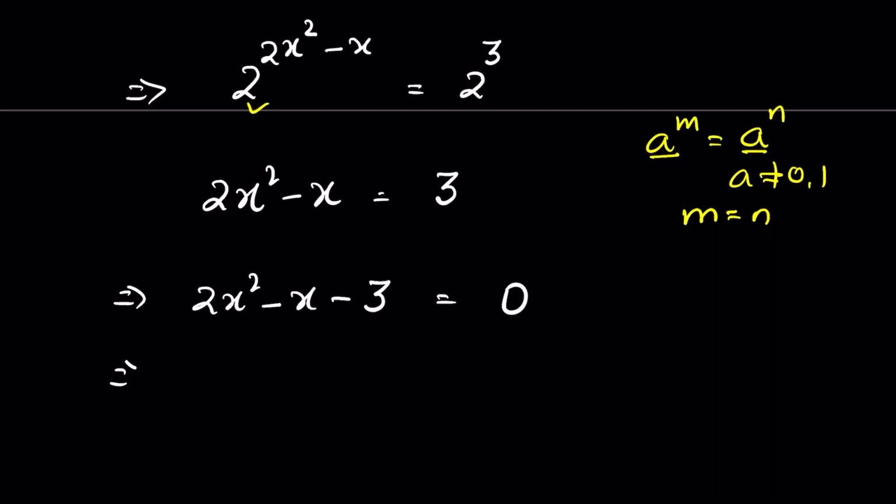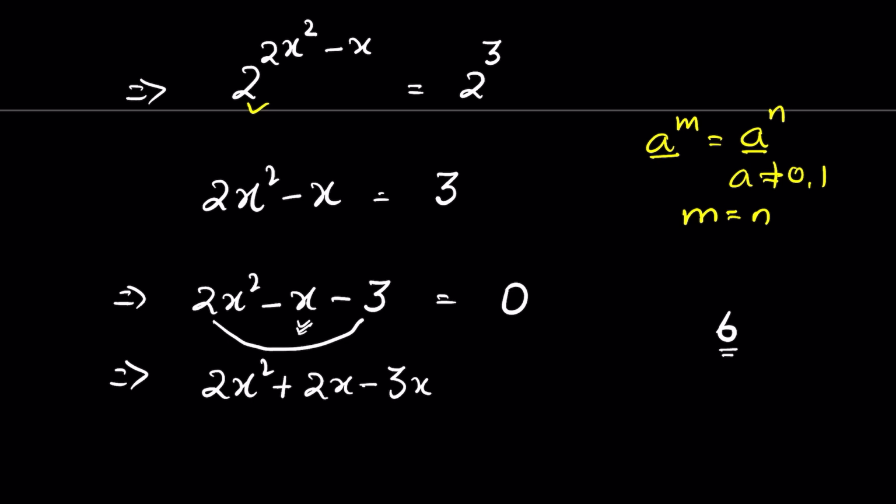Now let's factorize it. 3 times 2 is 6. So we have to find two numbers whose product is 6 and whose sum should be equal to minus 1. So 2x square plus 2x minus 3x, since 3 times 2 is 6 and plus 2x minus 3x will be minus x.